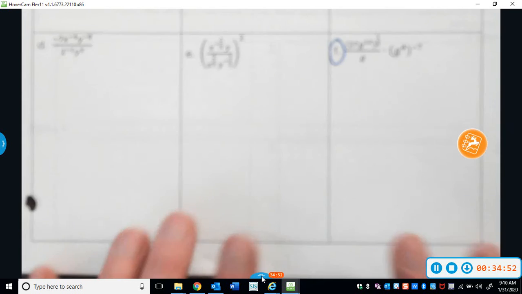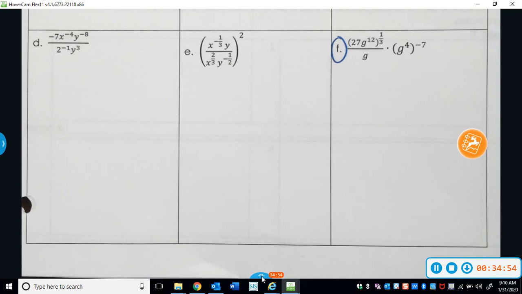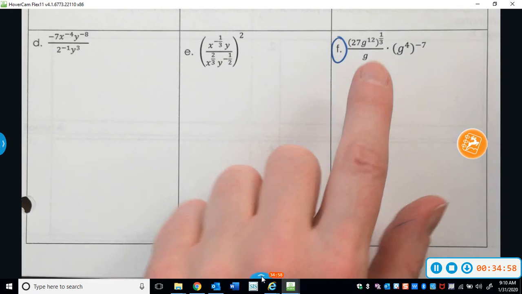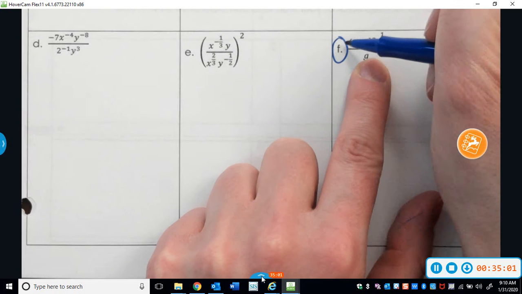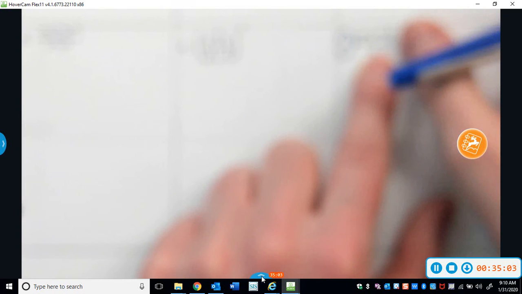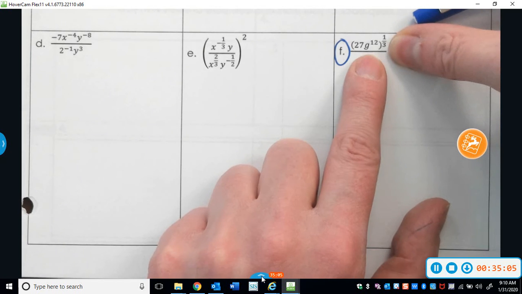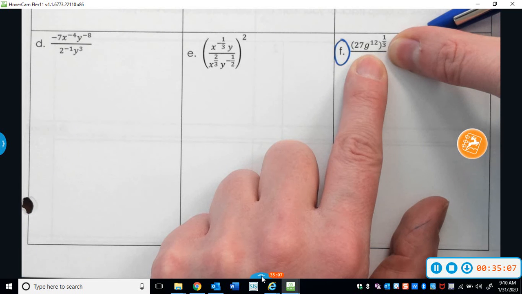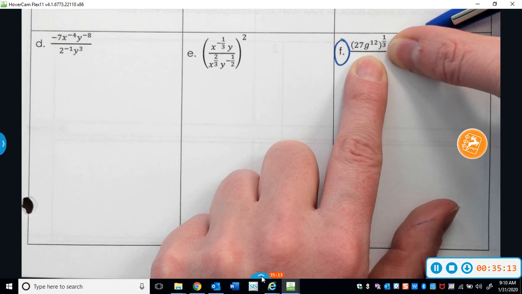Don't let these intimidate you. Once again, just treat them like puzzles and do little pieces at a time. Don't try to do everything at once. So I'm going to start with just the top of this fraction here, and I'm going to ignore everything else. So if I'm looking at that, what do I need to do here? Yeah, I need to give everything that exponent of 1/3. So the 27 and the g both need to get that.